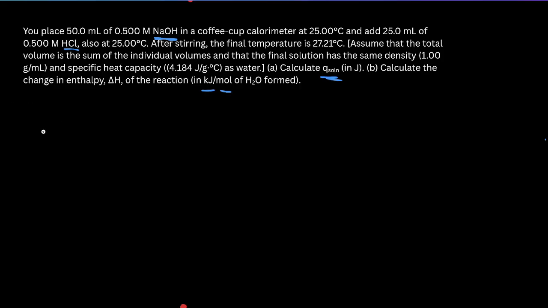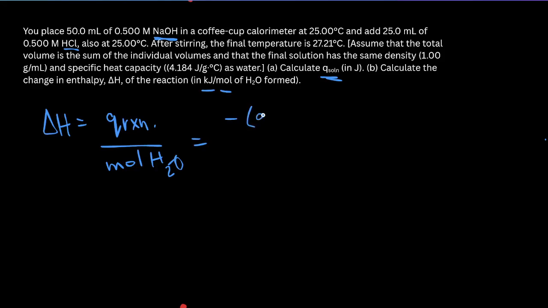Or just to remind ourselves, this change in enthalpy is going to be our heat of reaction divided by our moles of water in this case. And we found our heat of reaction, right, is negative our heat of solution, divided by moles of H2O.